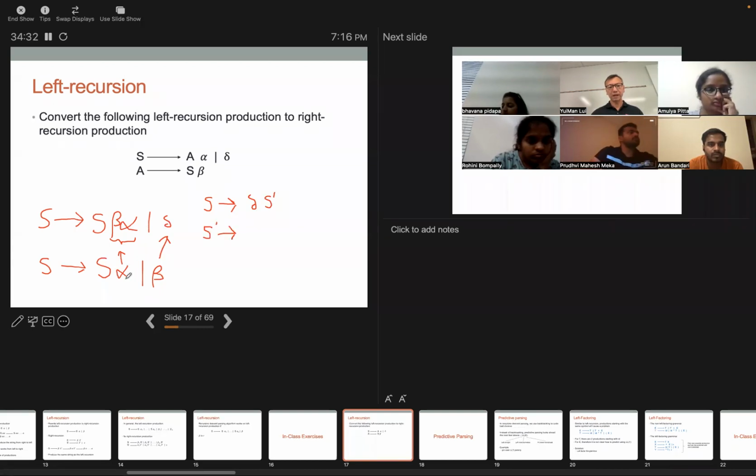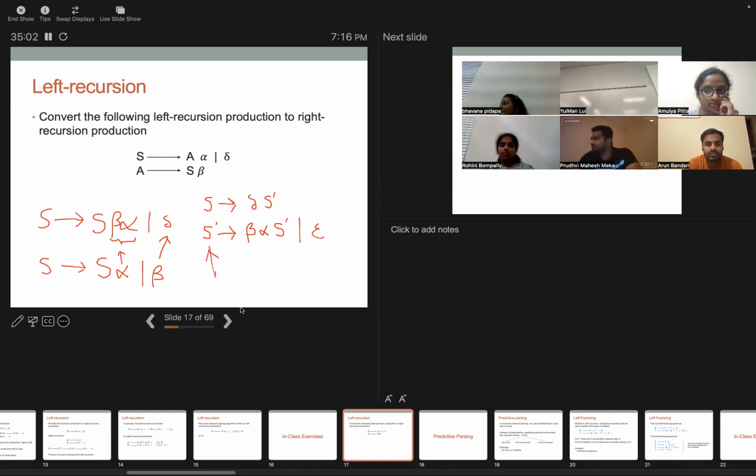S prime goes to beta alpha S prime, or epsilon. The same. You don't have to use S prime, you can use other symbols. Here is S prime, we define it here.